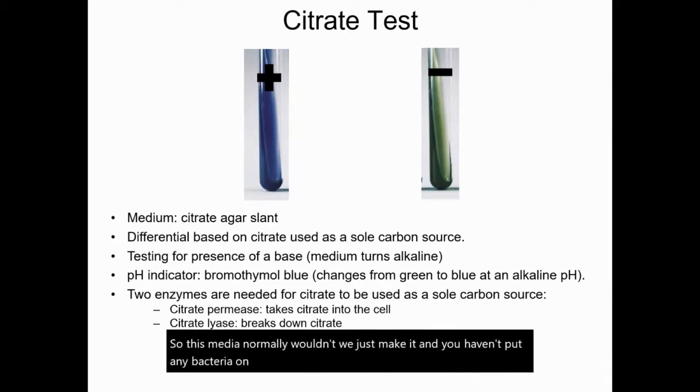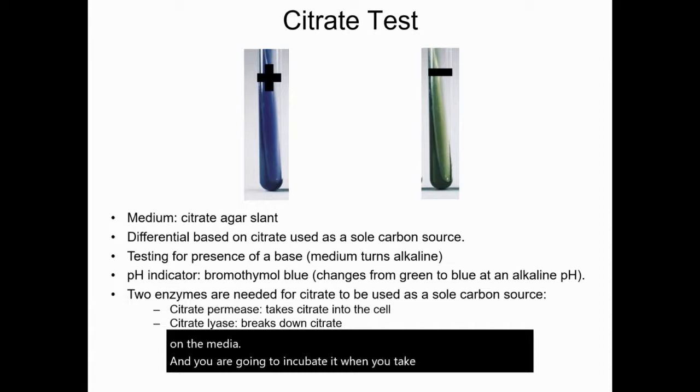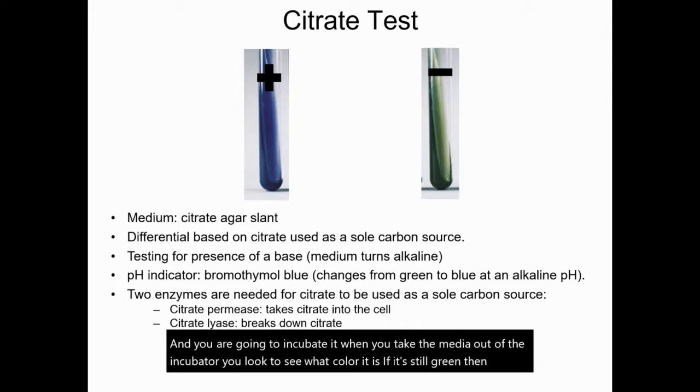This media, normally when we just make it and you haven't put any bacteria on it, is a pretty, dark green slant. You always inoculate a slant the same way. You put your bacteria in or on the media, and you incubate it. When you take the media out of the incubator, you look to see what color it is. If it's still green, then the organism was unable to use citrate as a sole carbon source.